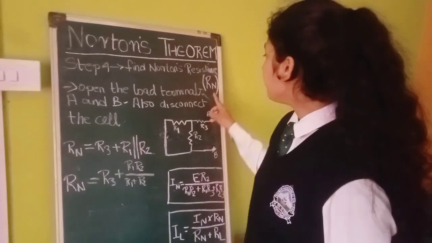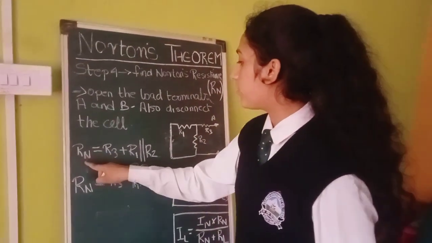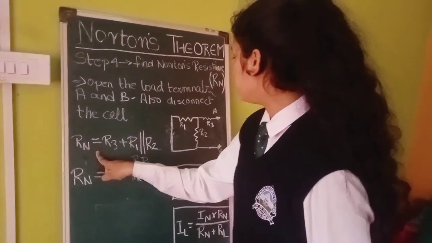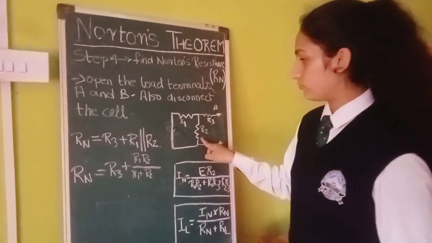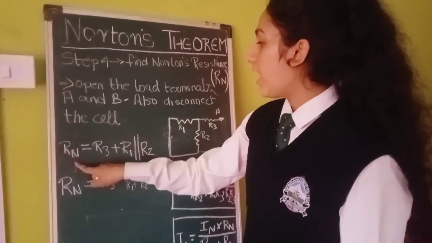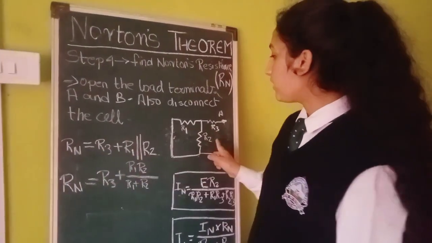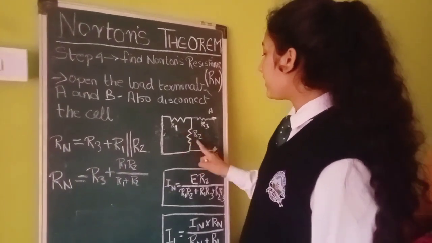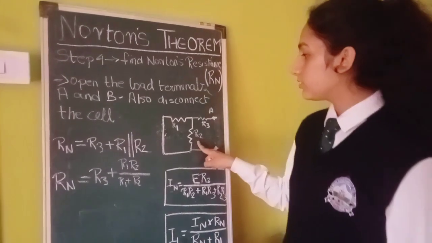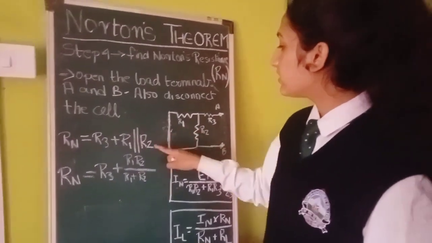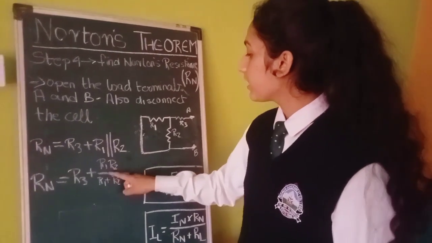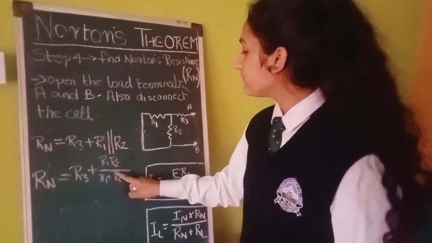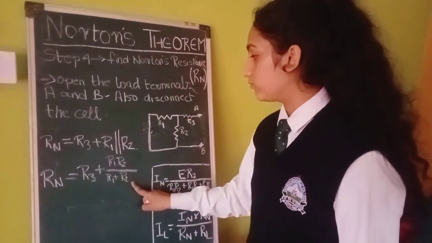So, we can find the value of Rn by using the formula Rn equals R3 plus R1 parallel to R2. The equivalent resistance of R1 parallel to R2 will be R1 R2 whole divided by R1 plus R2.